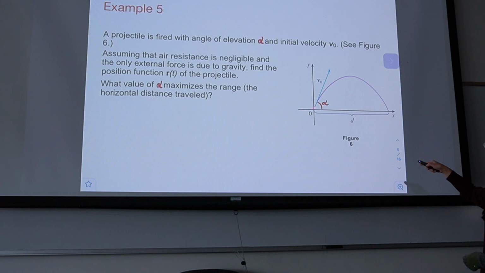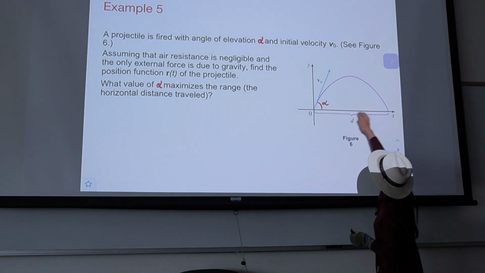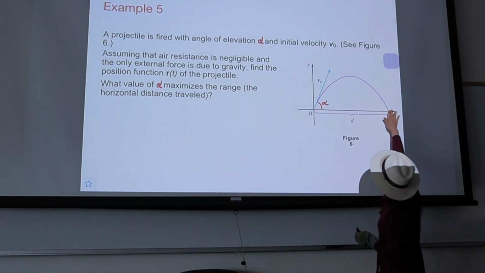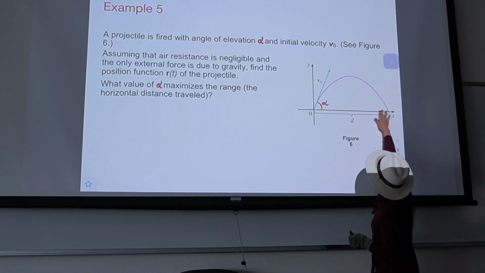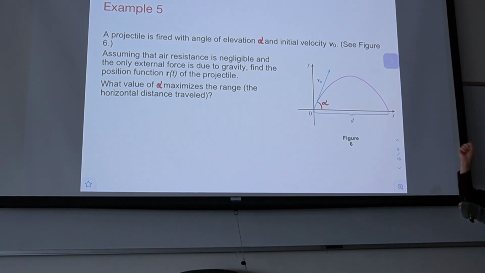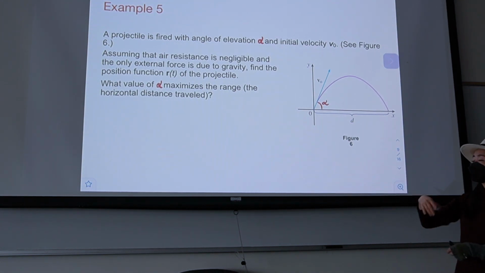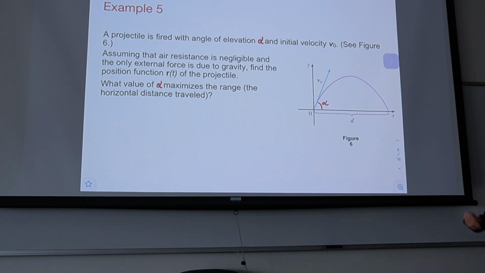We also try to find what this angle should be so that it has the maximum span, the furthest one. If you throw a ball across, what angle should I throw it at so that it goes the furthest? Like when you play football. So we do that.